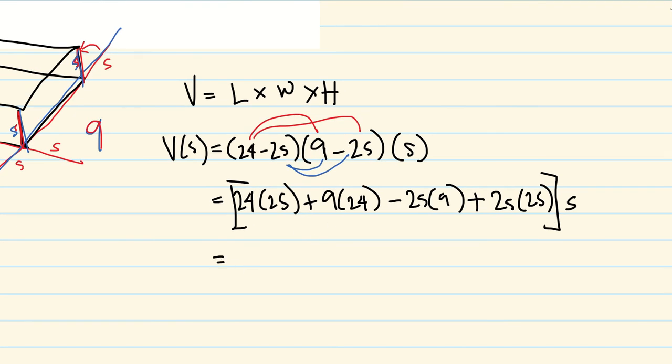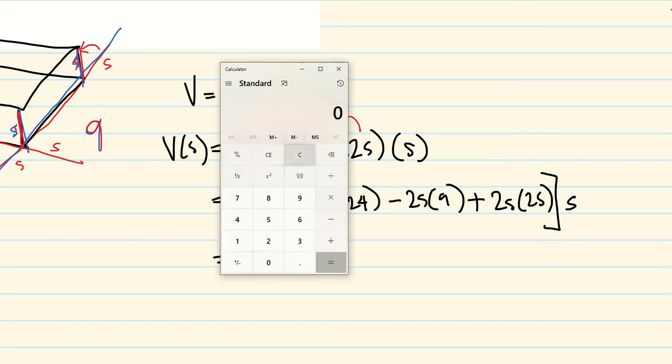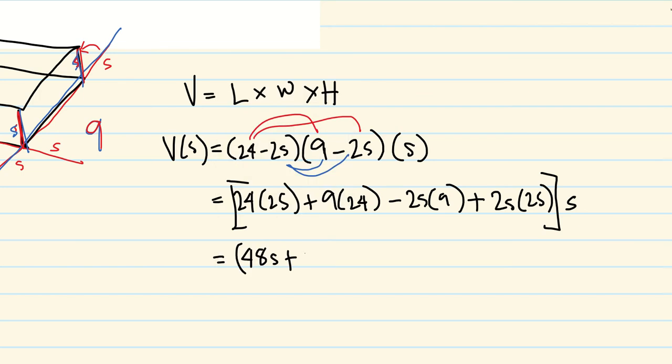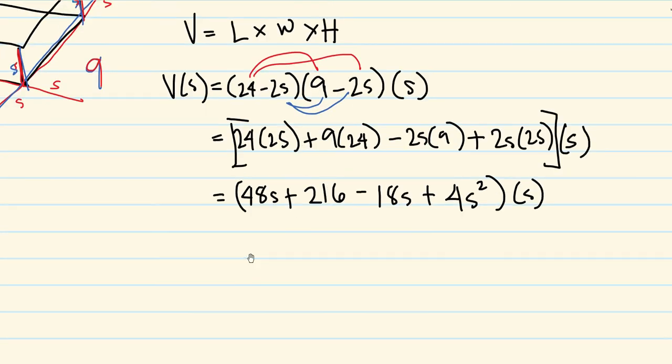So we have 48s plus 9 times 24. We're going to use our calculator: 9 times 24 is 216. Minus 18s plus 4s squared, times s. We're not done yet, we still have s here.